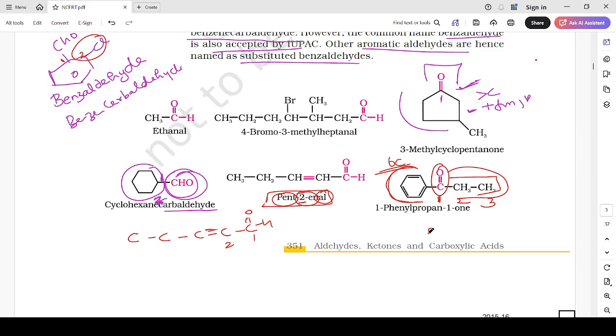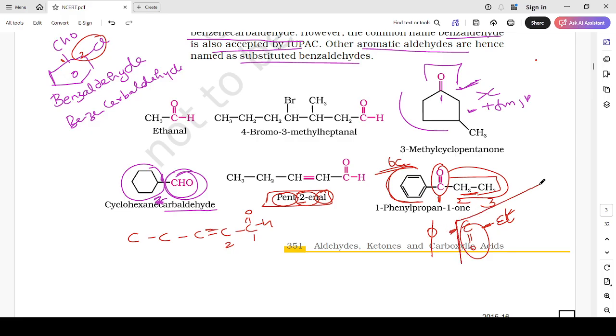No. I have benzene with carbonyl and an ethyl group is there. That's what is given. CH2, CH3, ethyl group is there. So this is my major functional group here. I regard both of them as my substituent only, right?